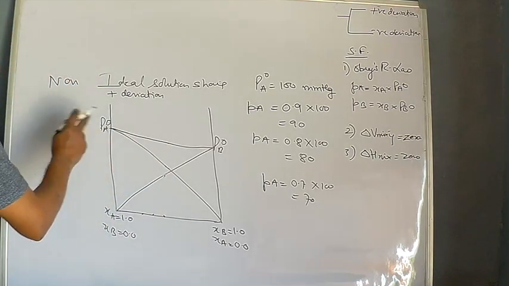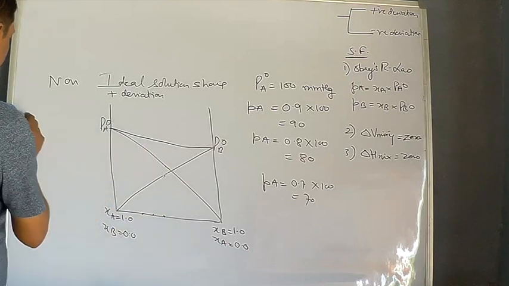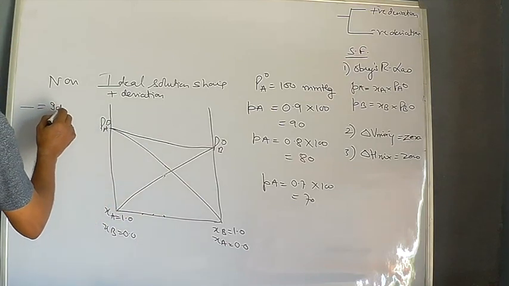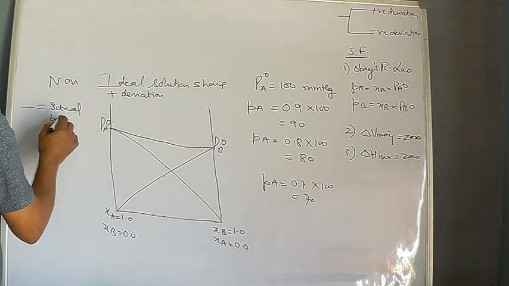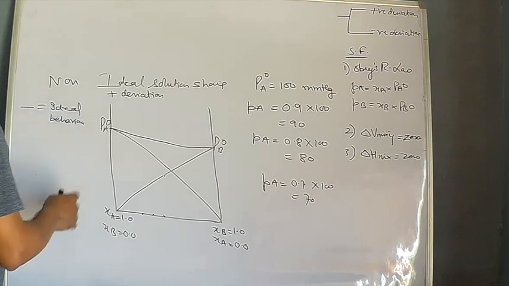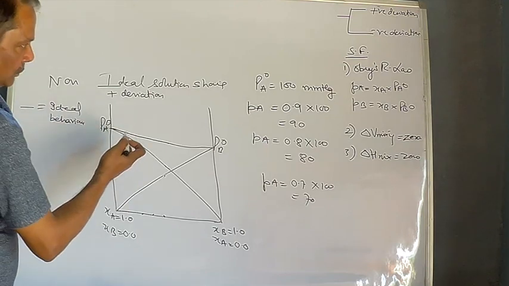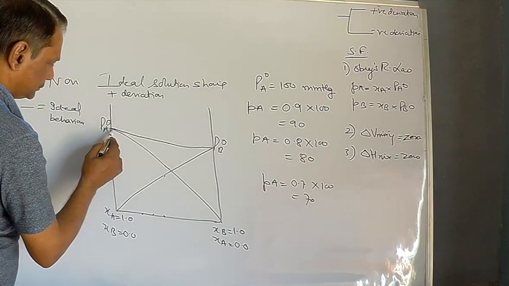Class, this straight line, bold line indicates ideal behavior just to study. And I am going to show positive deviation on this curve.